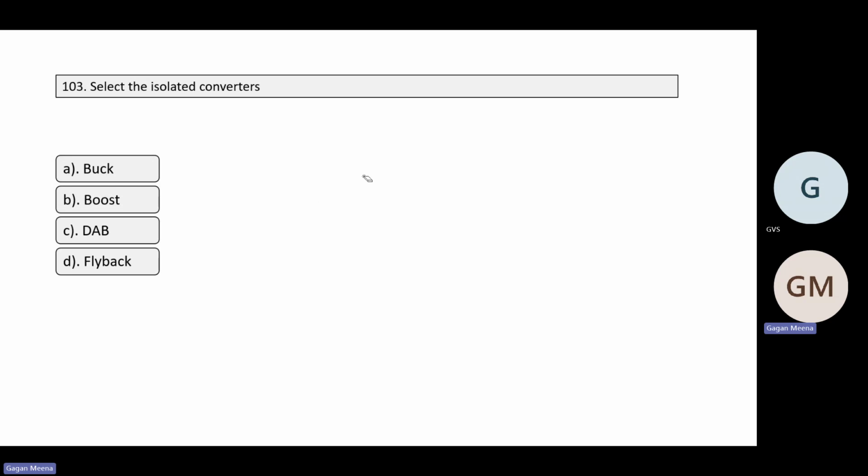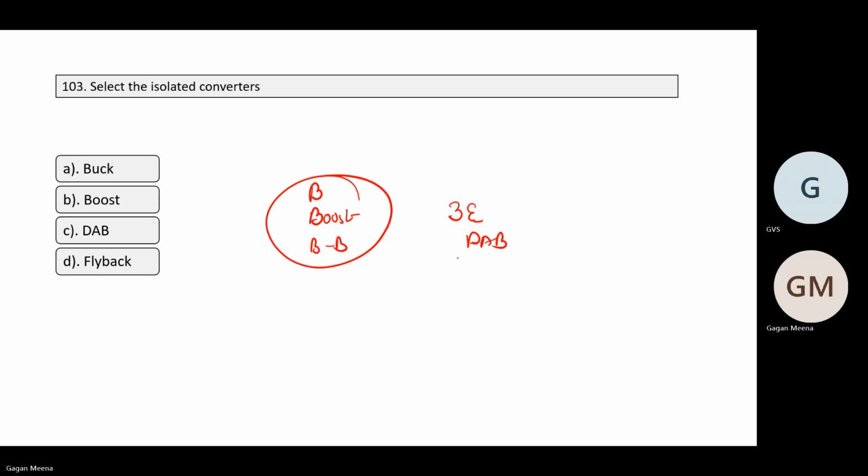And isolated and non-isolated converters. So buck, boost and buck-boost, these are non-isolated. There is no isolation between primary and secondary side. If there is a fault on one side, it will propagate to the other side. So isolated ones are used, which are dual active bridge, full bridge, flyback and push-pull. These are isolated.